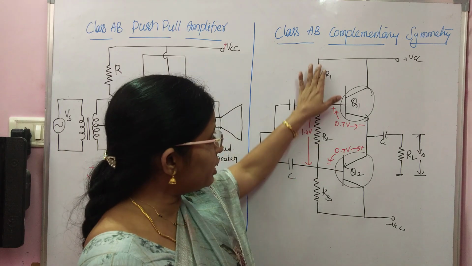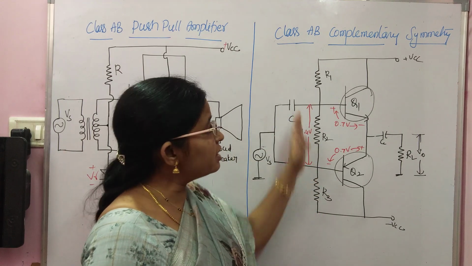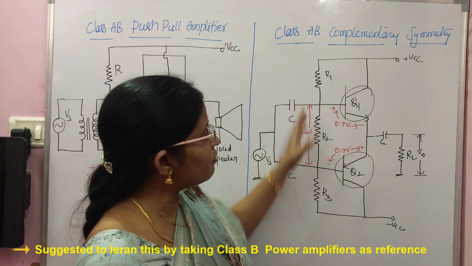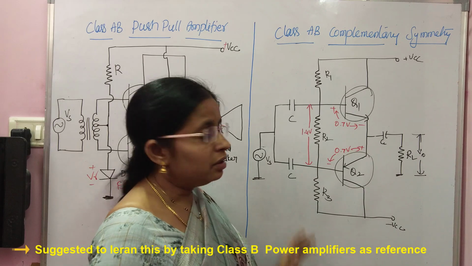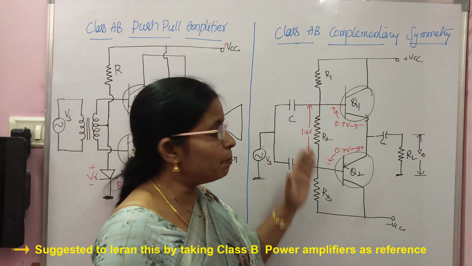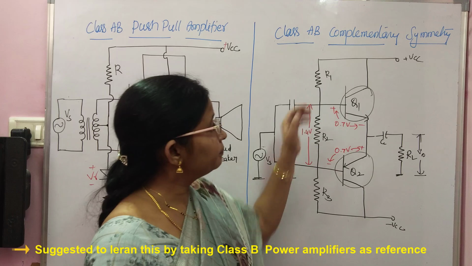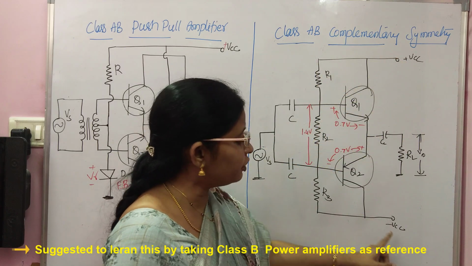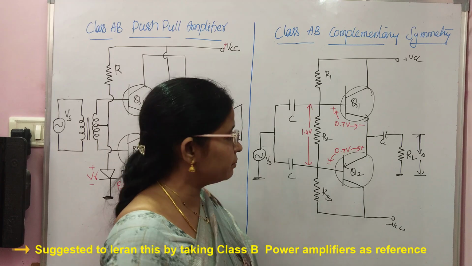The difference is only this part, this resistive network. Here we use three resistors R1, R2, R3 at the bases of the two transistors. The R1 end is connected to VCC and the R3 end is connected to minus VCC.